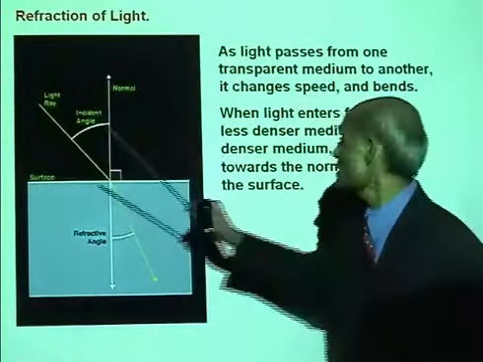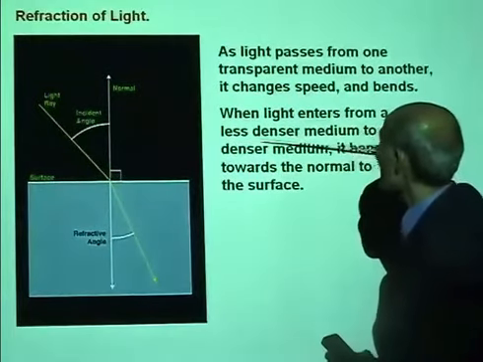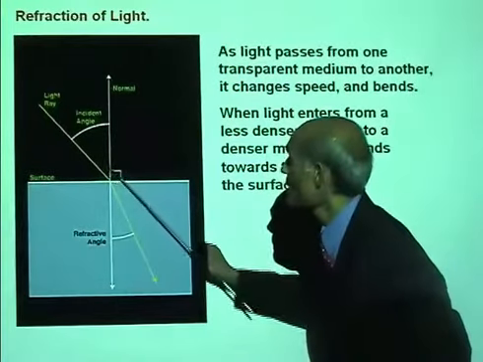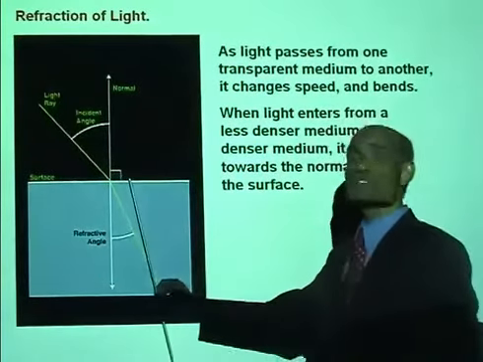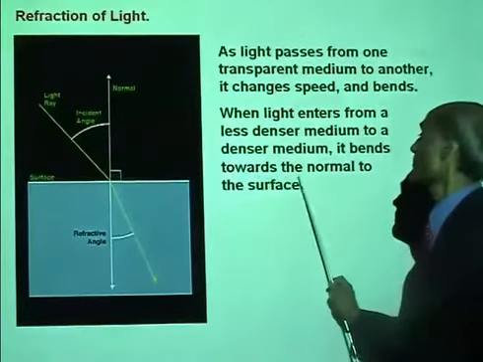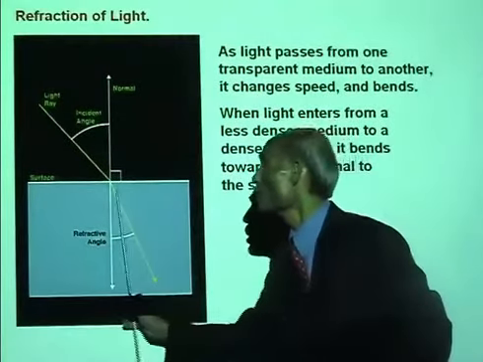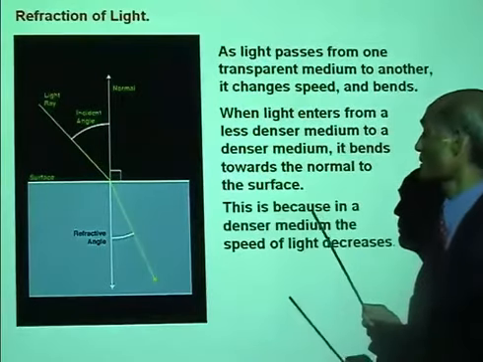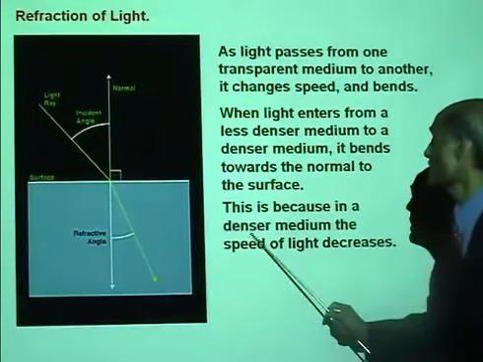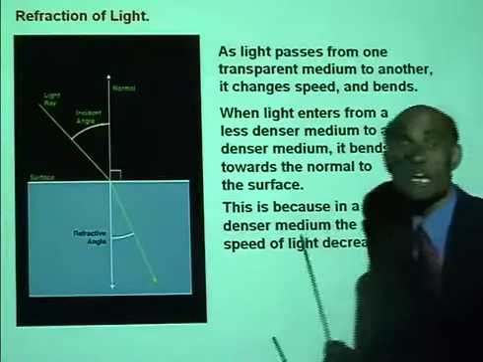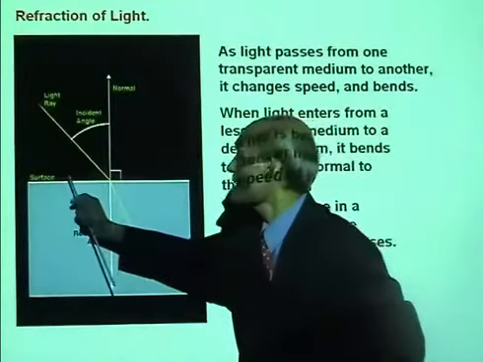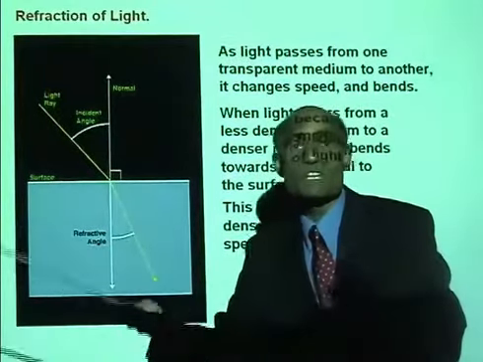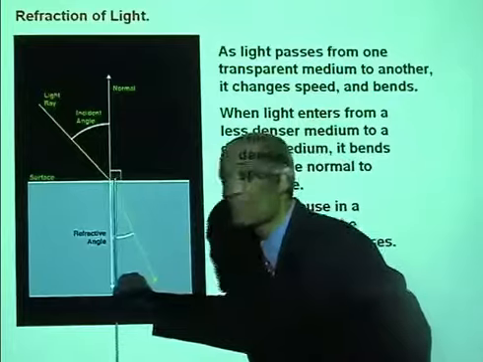So when light enters from a less dense medium to a denser medium, that is from air into glass, it bends towards the normal. And that means the angle of refraction is less than the angle of incidence. This is because in a denser medium, the speed of light decreases. As light enters from air into glass, its speed suddenly decreases, so it bends towards the normal.